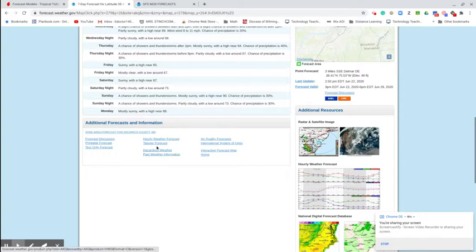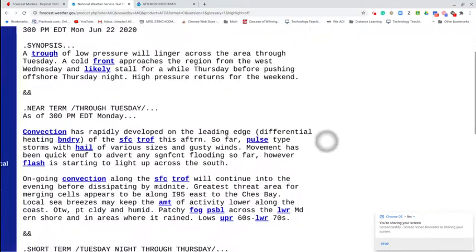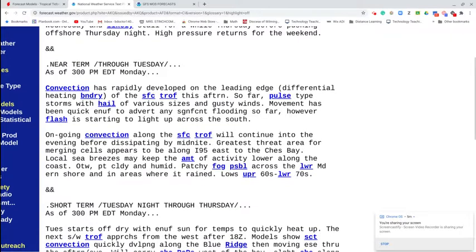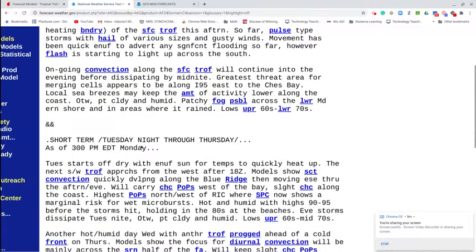I also like to go to, not all the time, this forecast discussion, especially when there's real dangerous weather coming or a big storm. I like to read this because it's written in language that at least I can understand. Your average run of the mill person would not want to read this.